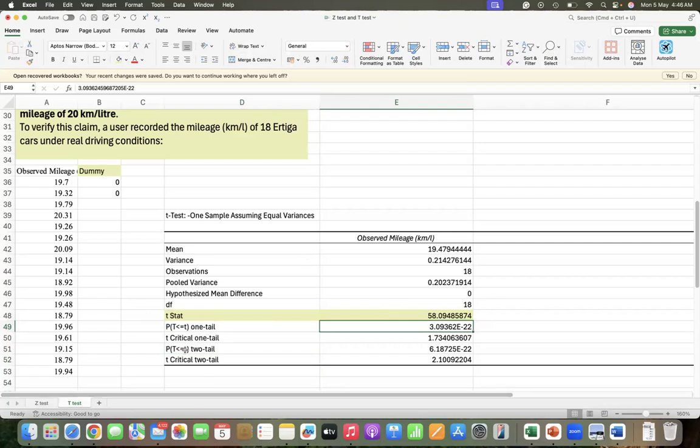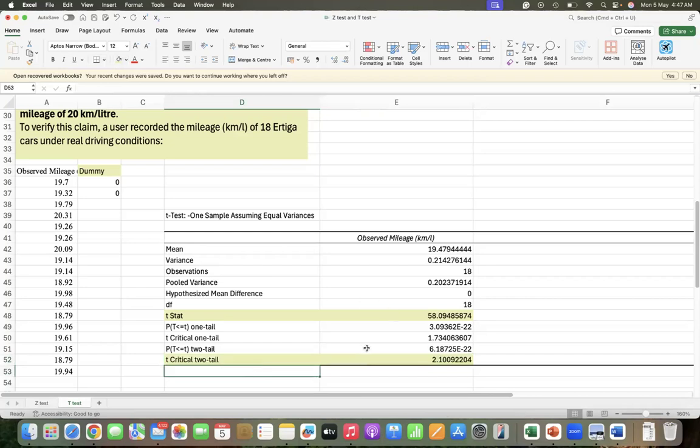Now, since our test was two tail, there are two critical values, t critical one tail and t critical two tail. So since our test was two tail, I will compare this value with this one.